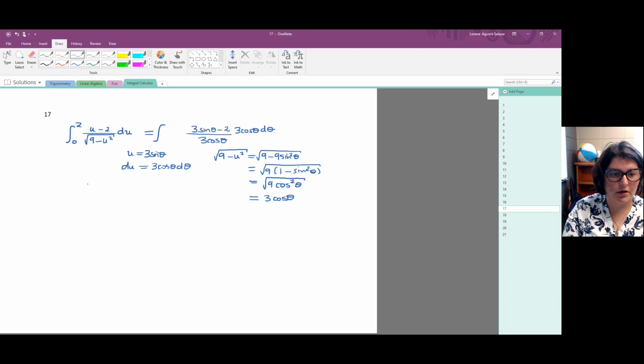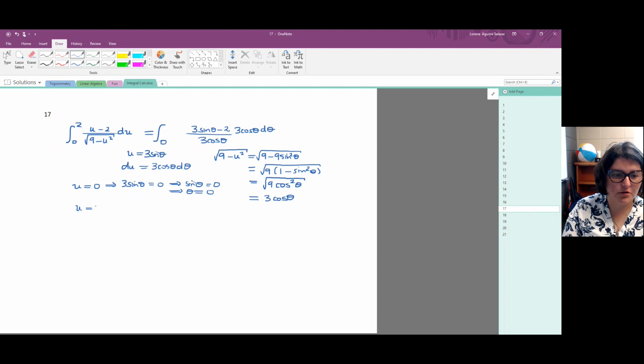Now as for the bounds, when u is equal to 0, we're saying that 3 times sine of theta is 0. So sine of theta is 0. So theta is a multiple of pi, and we're going to take the smallest multiple possible that's greater than or equal to 0. We're not going to worry so much about why we're taking 0 instead of, say, pi or 2 pi or any other number like that. We just take the arc sine of 0, and that's going to be 0.